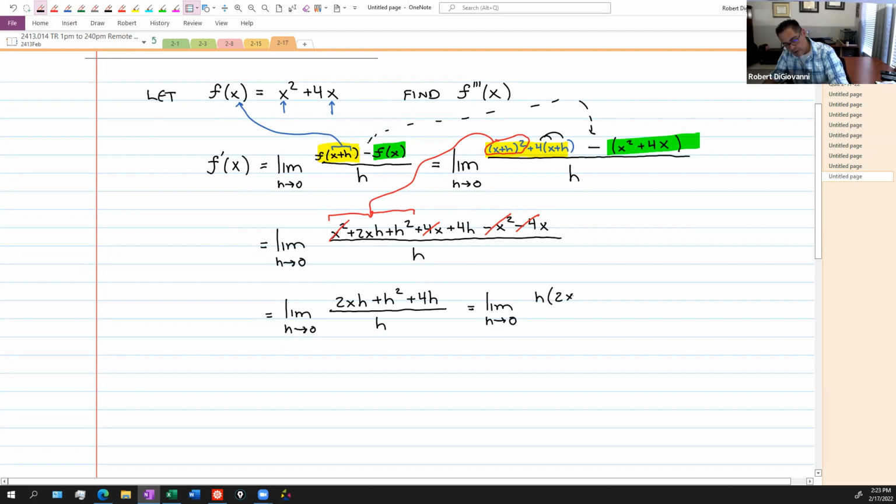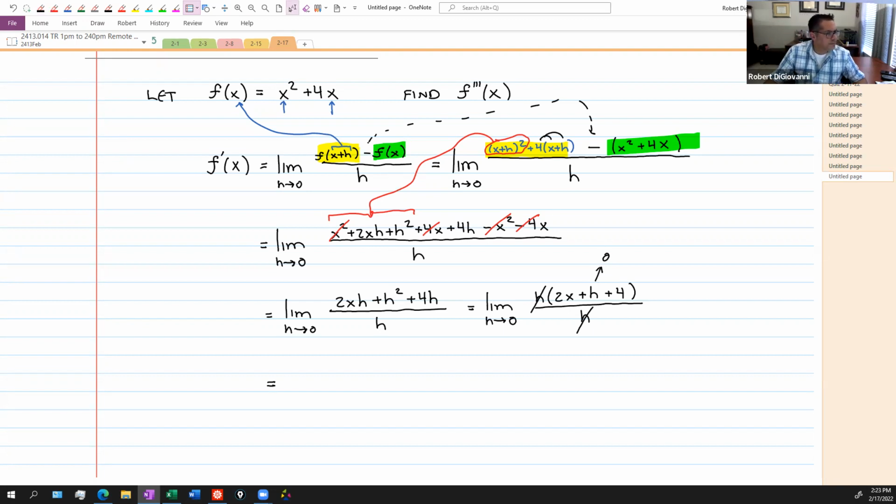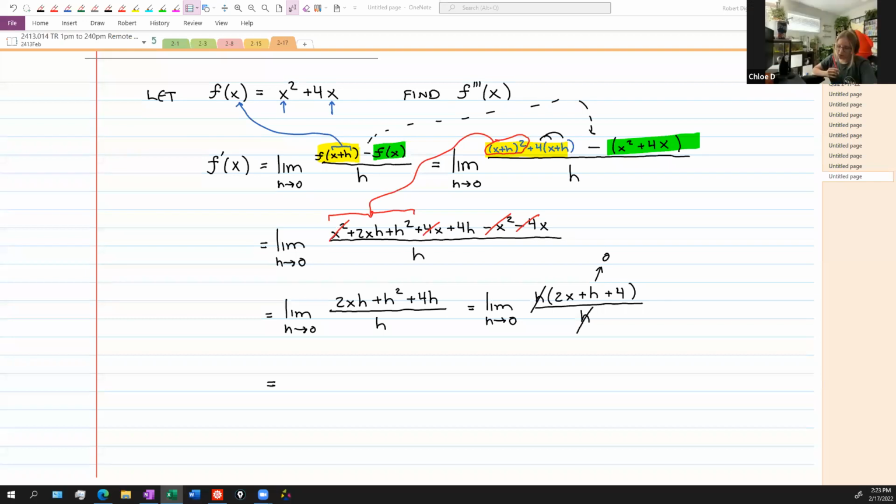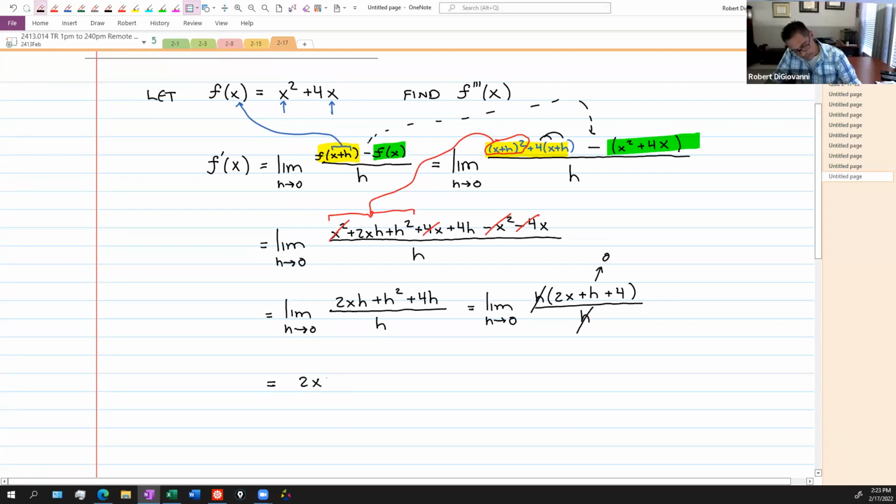If you did your homework, this probably looks somewhat familiar, except that we have x's instead of a's. And now I kill off the h's. At this point, I can let h go to 0. So Chloe, what do I get if I let h go to 0 here? You just get a 2x plus 4. 2x plus 4. Okay, good.